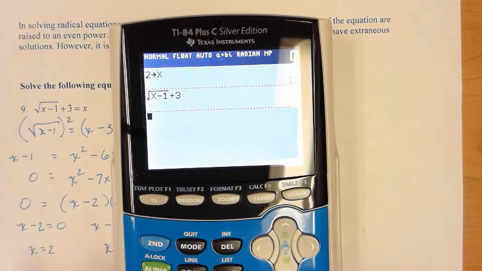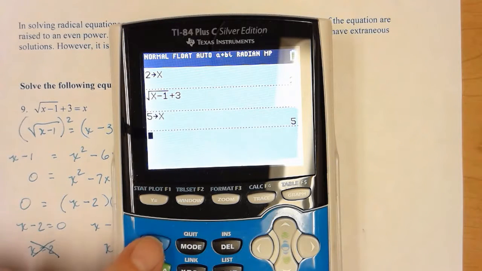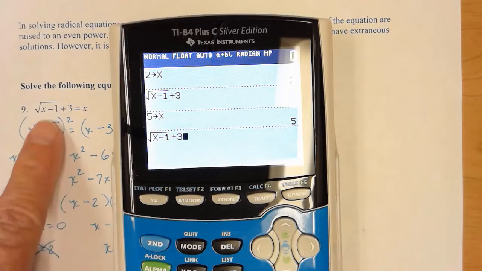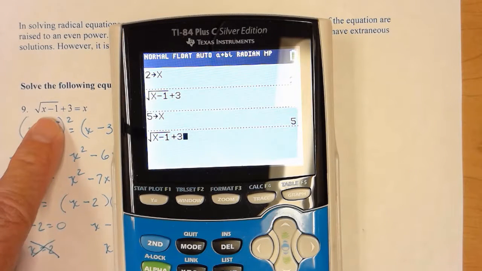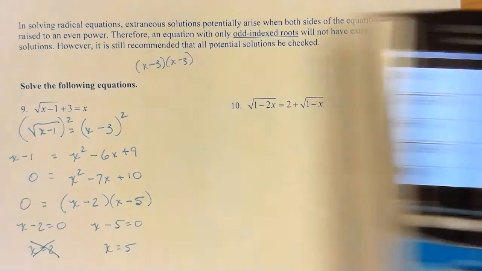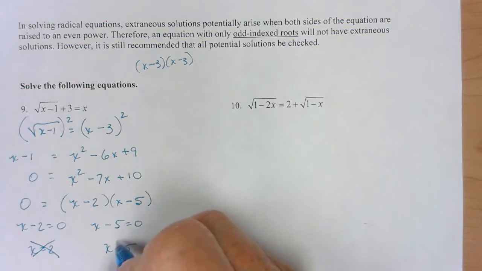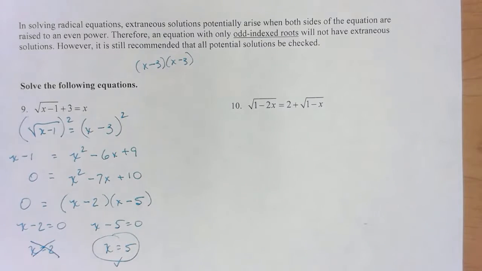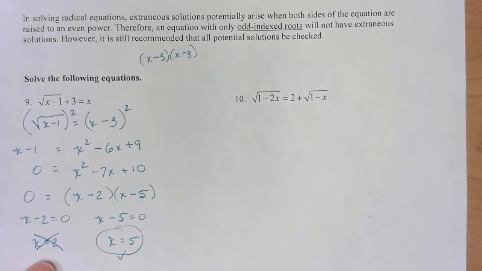Well, it doesn't. That's an extraneous solution. Let's try 5. So that's my left hand side. Let's see if this comes out to be 5. That does work. 5 equals 5. So this is my solution. Don't erase, just put a little x on it.